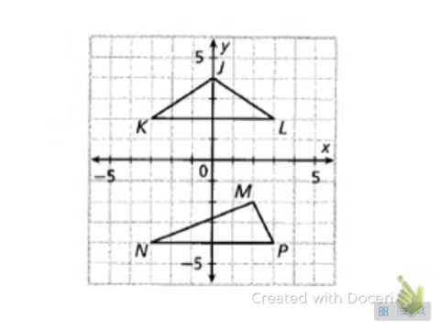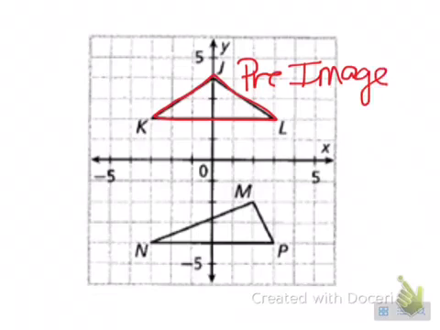So here's our first example. We want to look at the figure. Let's say that JKL is going to be my pre-image. And let's say that MNN is going to be my image. Remember, your pre-image comes first, your image comes last.